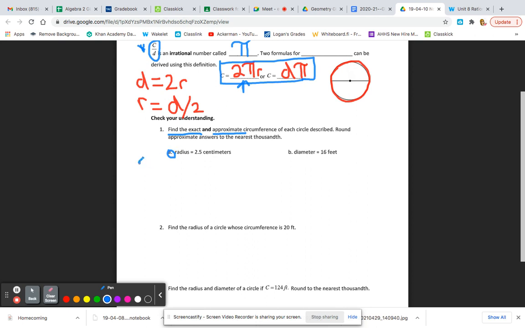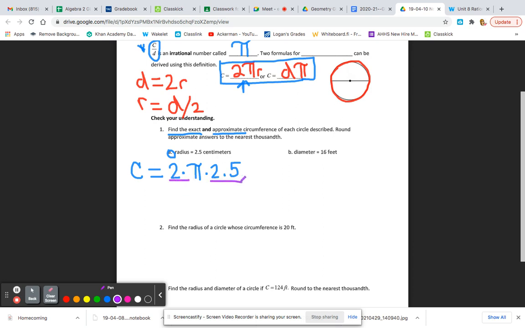So the circumference is going to equal 2 times pi times the radius. And the radius in this case is 2.5. Okay. If I multiply the numbers first, so the numbers that are actually here, the rational numbers, right?